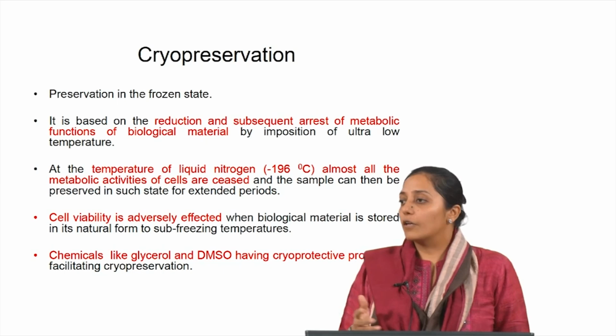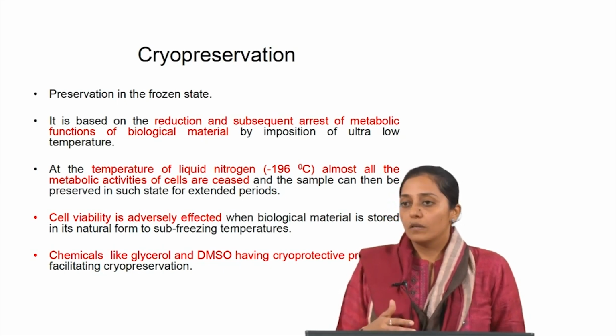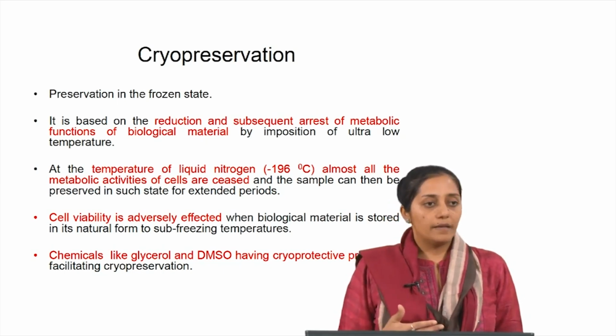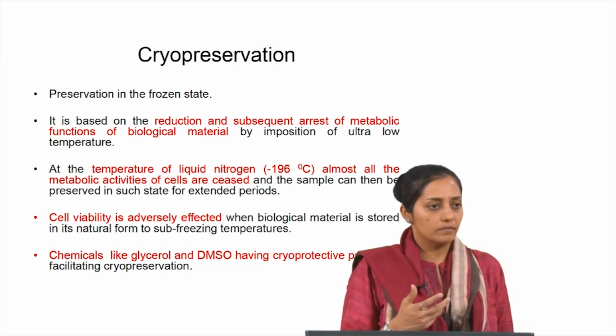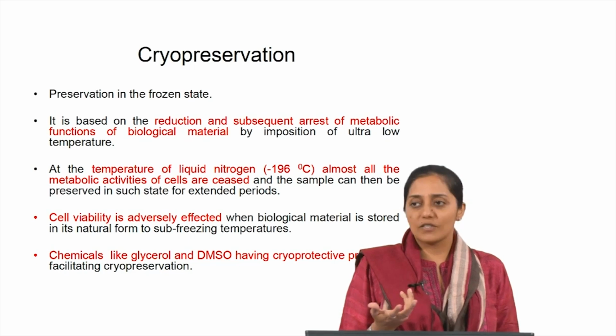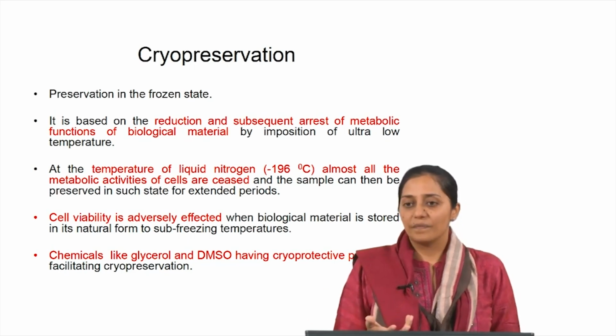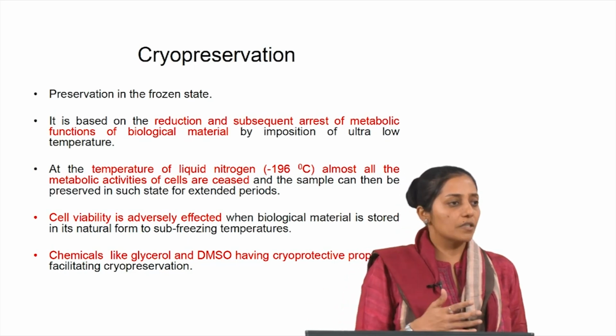So we add cryoprotectants which include glycerol. You must have heard about glycerol stocks. Why do we prepare glycerol stocks? That's the very reason. The glycerol stock composition also varies.